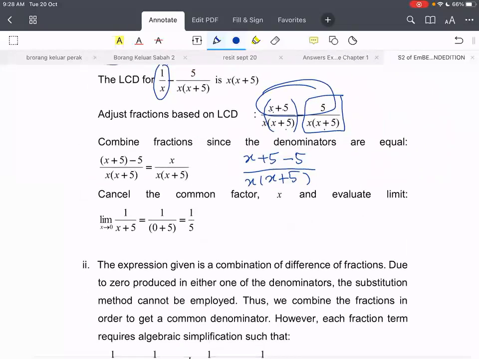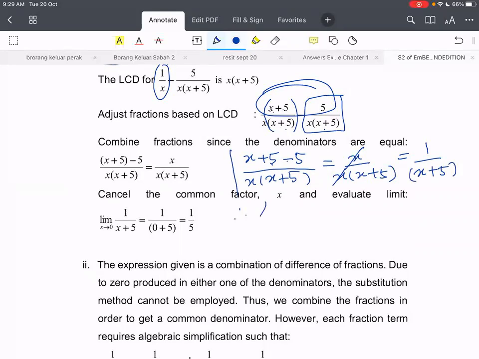So that is why we can combine it, so you can solve it. So x plus 5 minus 5, you'll get x over x times x plus 5. And you can further cancel out the x term. So your final function is 1 over x plus 5.